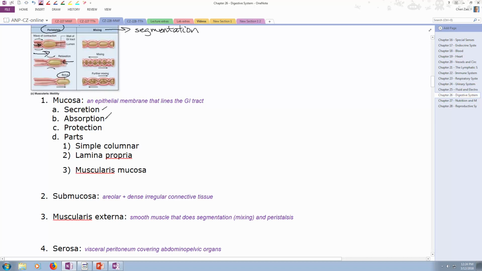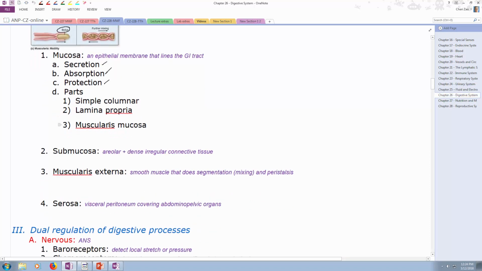Absorption, indeed, there's going to be villi and microvilli to increase surface area. And then protection, we're going to have to make sure that things don't leak in between our cells. And so we'll have a lot of tight junctions in between the cells so that material does not get in between. For the most part, we have down here simple columnar epithelium plus lamina propria. And remember, lamina propria is just that thin CT layer that keeps the epithelium applied.